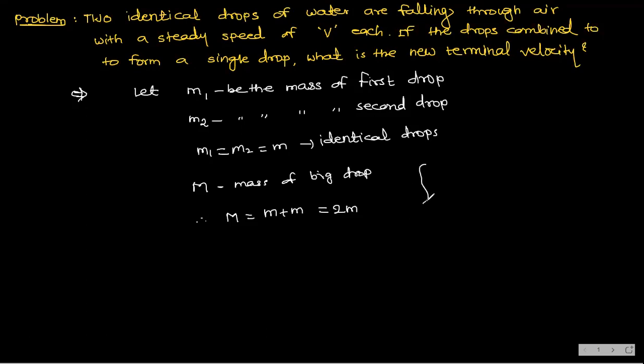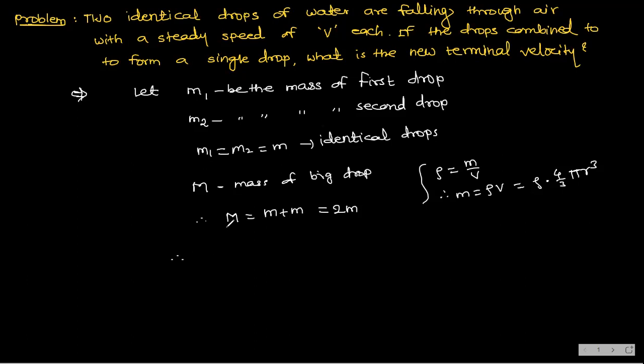And now we know rho is equal to M by V, and therefore M is equal to rho into V. As this is spherical drop, rho into 4 by 3 pi r cube.